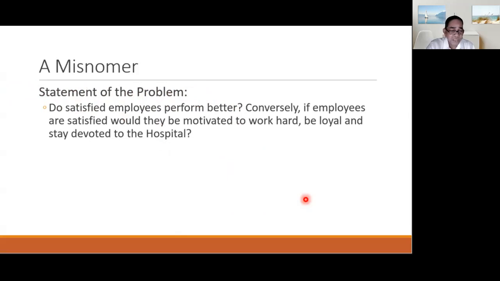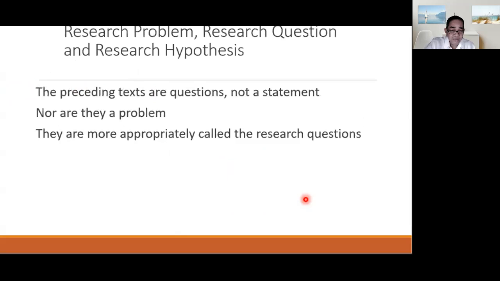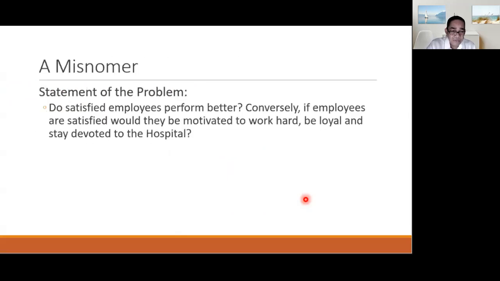Conversely, if employees are satisfied, would they be motivated to work hard, be loyal, and stay devoted to the hospital? You will note, class, that these are questions, not statements. Nor are they a problem.